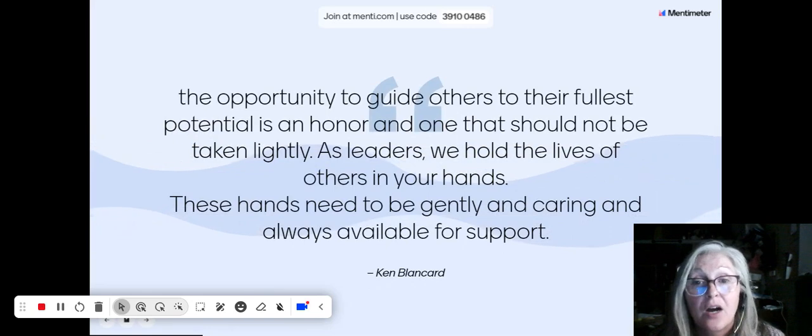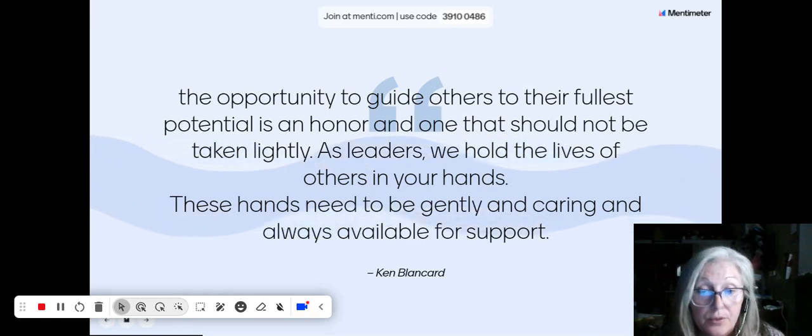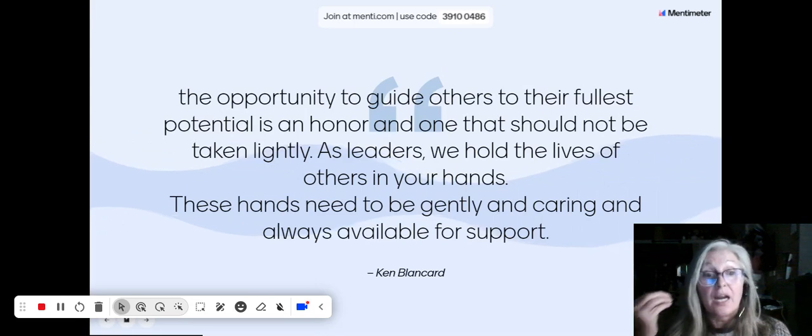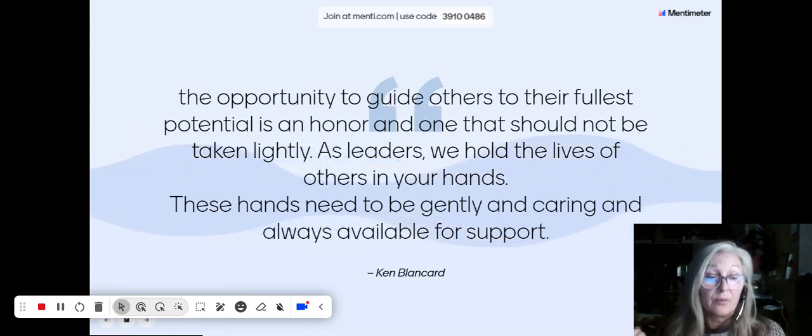Ken Blanchard said the opportunity to guide others to their fullest potential is an honor and one that should not be taken lightly. As leaders, we hold the lives of others in our hands. These hands need to be gentle and caring and always available for support. I always like this quote because it makes you really think: it's not a boss-employee relationship.